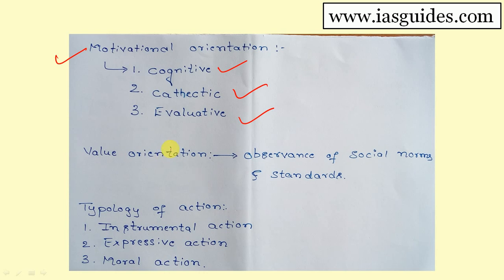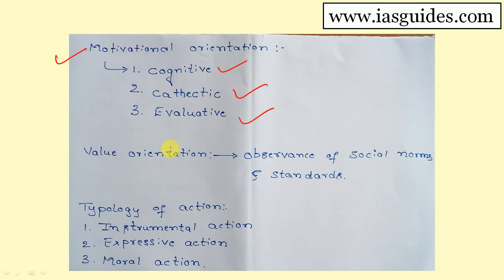And the second orientation, what Talcott Parsons says, is cathartic orientation. The meaning of cathartic orientation is that it involves the actor's sentiment. It involves the actor's gratification as well as pleasures. First, sentiment will be there. Second, gratification will be there.